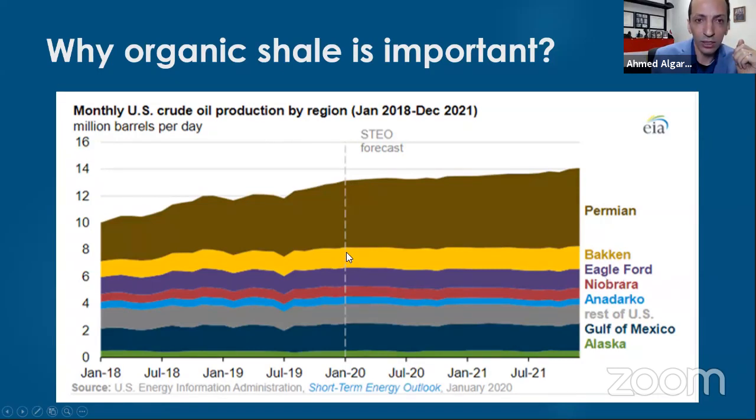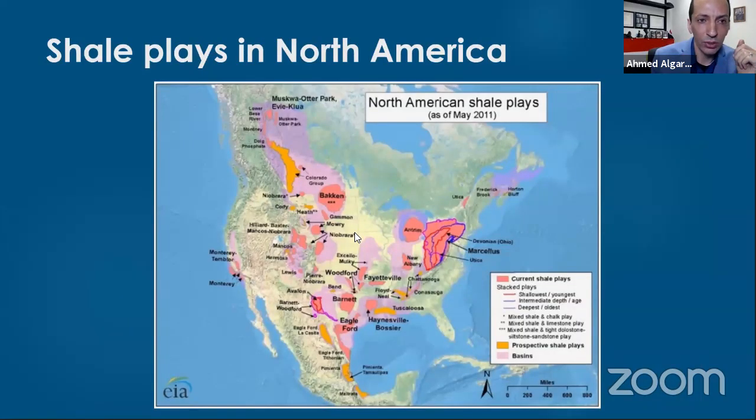If you count, you will find more than 50% of United States oil production coming from shale. United States produces around 13 million barrels of oil every day. Shale plays, or locations where we have organic shale, are almost everywhere in the United States. There are many shale plays in the United States and in Canada also.